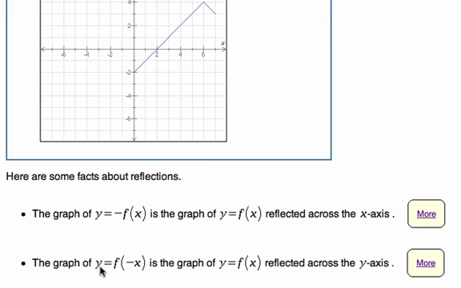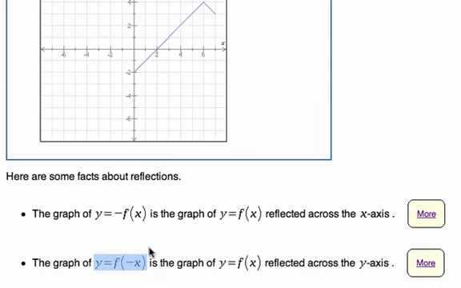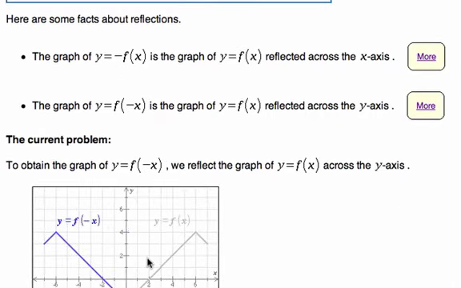And then when I'm doing this y equals f of negative x, I need to think x is changing, and the output will stay the same. The y value will stay the same. That way you don't have to memorize a whole lot if you can understand what this is communicating to you. You have less things to memorize.